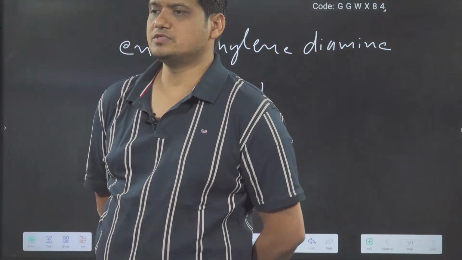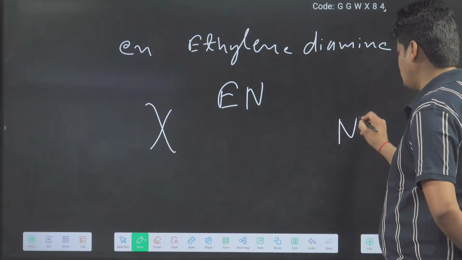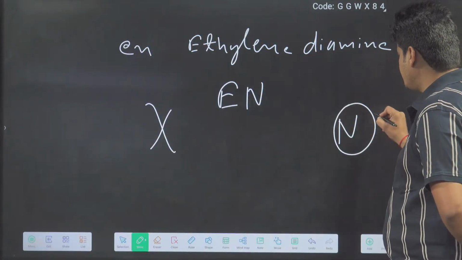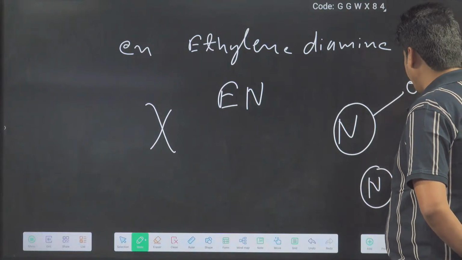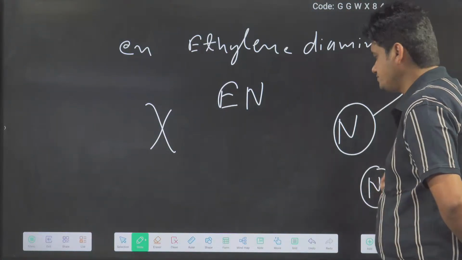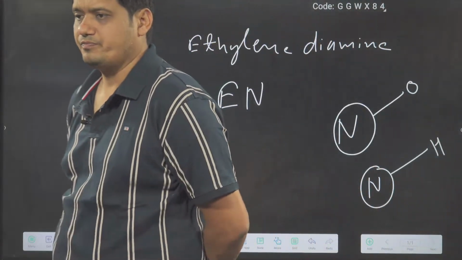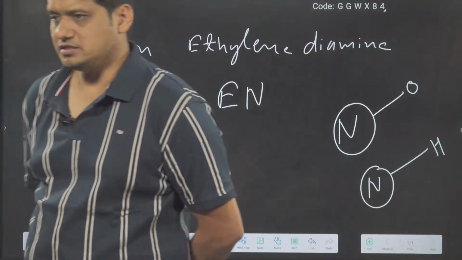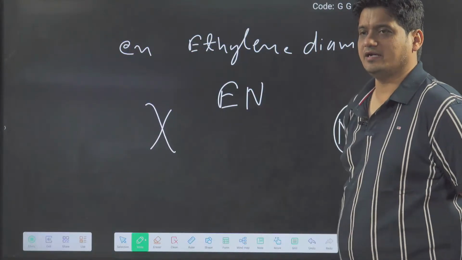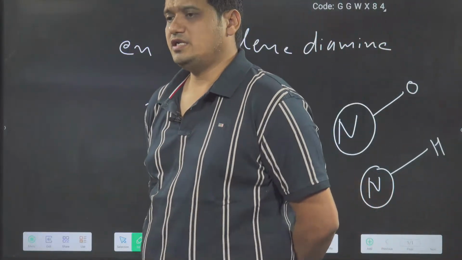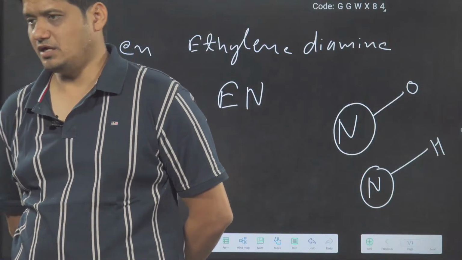For example, nitrogen bonded with oxygen, or nitrogen bonded with hydrogen. Here En is affected or not? Yes. So electronegativity is affected by the atom to which it is bonded. Very good.